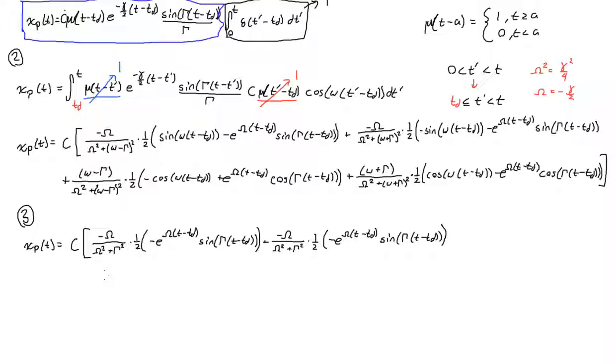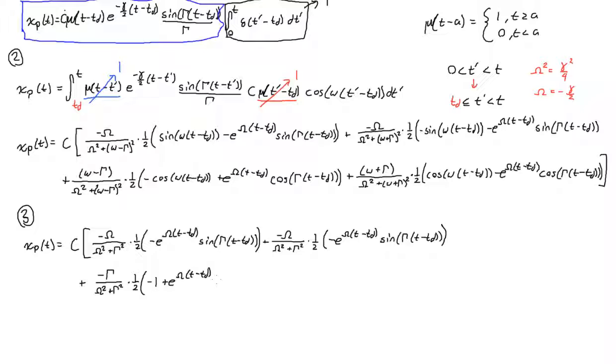And then, okay, so now we'll have a plus, and then minus gamma omega squared plus gamma squared times 1/2, and we'll have a minus 1 plus exponential, right?